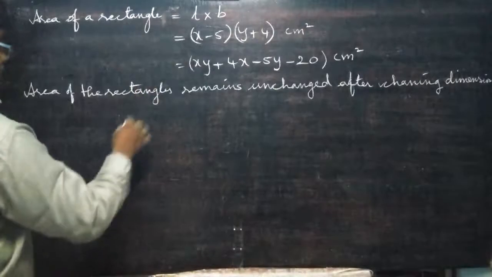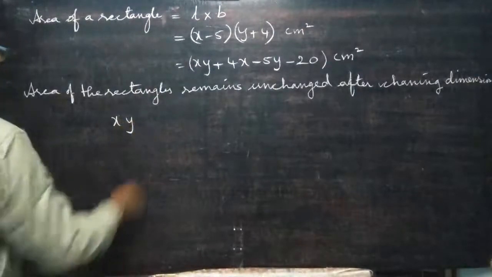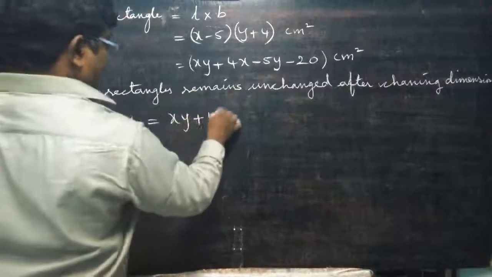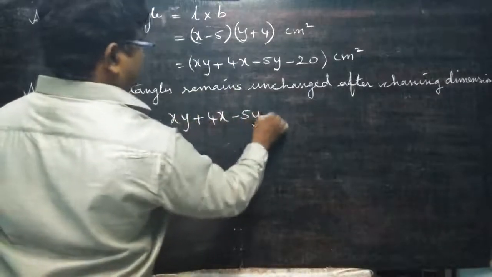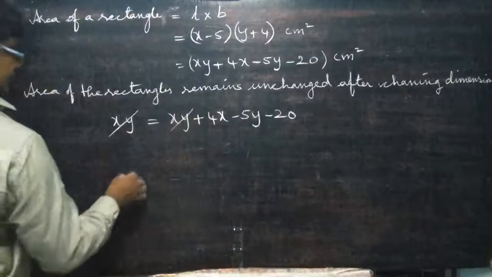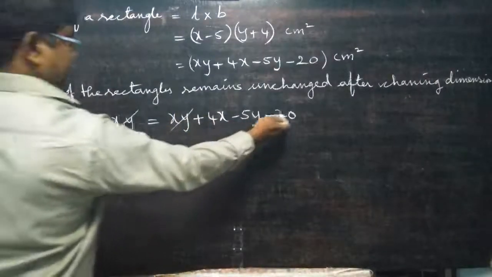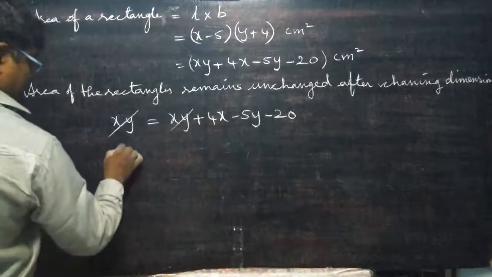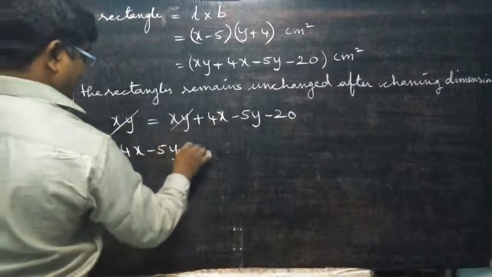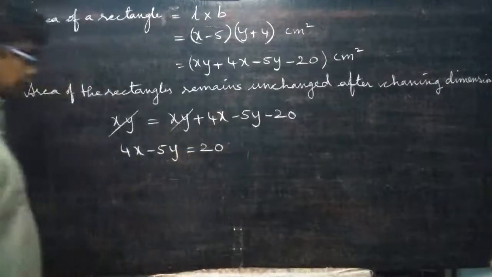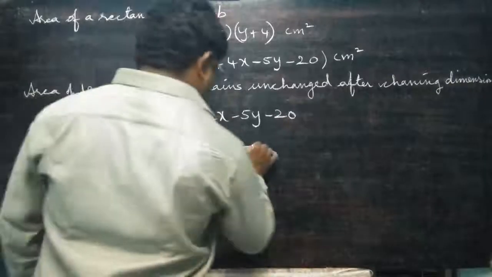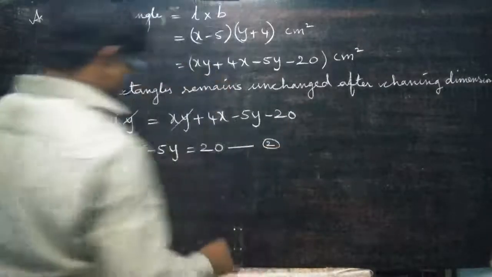Now I am comparing with the original. XY is original. After changing we got xy plus 4x minus 5y minus 20. XY get cancelled. Now bring minus 20 this side. So 4x minus 5y is equal to 20. Able to follow? Here there is no common table. Think of this as number 2.